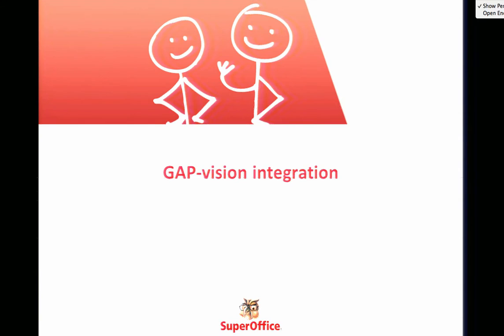So we use GapVision in SuperOffice Norway, and that's based on technical consultants making an assignment at the customer. When they complete the activity in SuperOffice, a survey will go to the customer with 6 or 7 predefined questions.